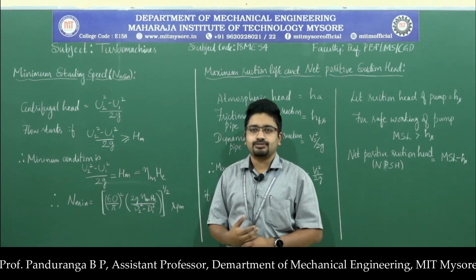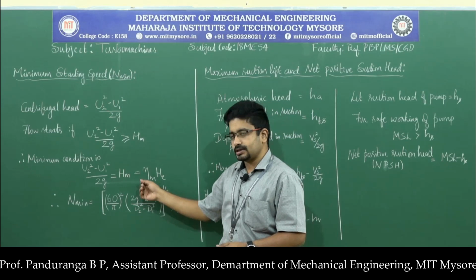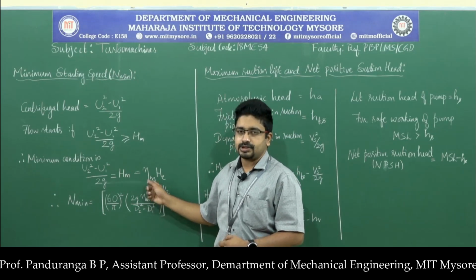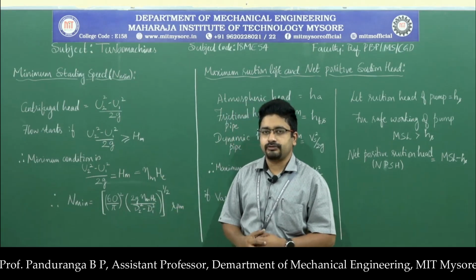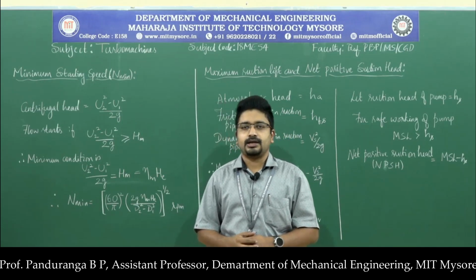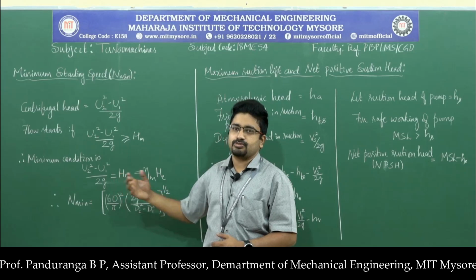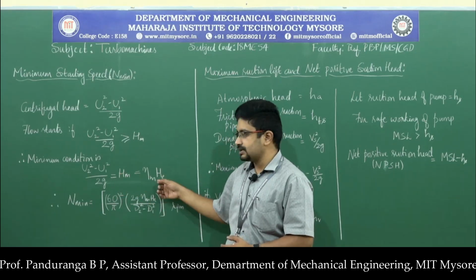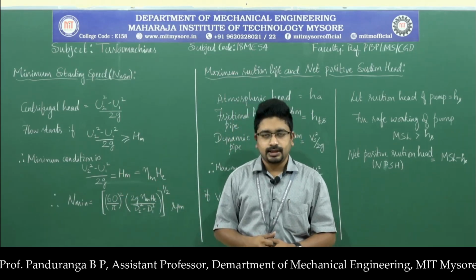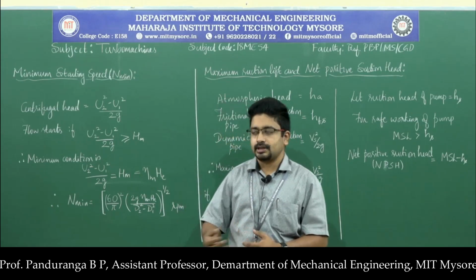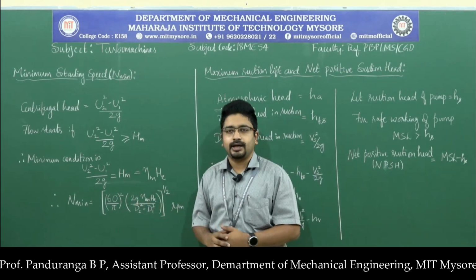In terms of Euler's head, that is given by manometric efficiency into Euler's head, because if you remember, manometric efficiency is the ratio of HM, that is manometric head, divided by the Euler's head. Euler's head is the theoretical head.